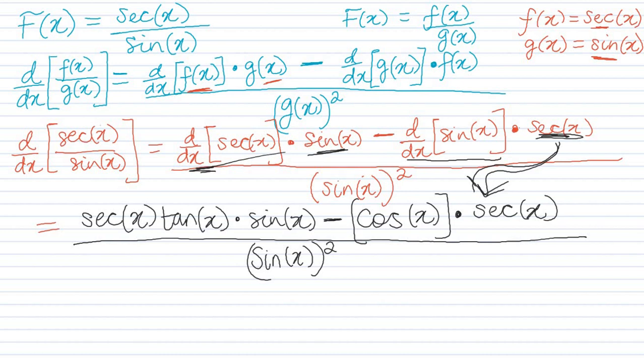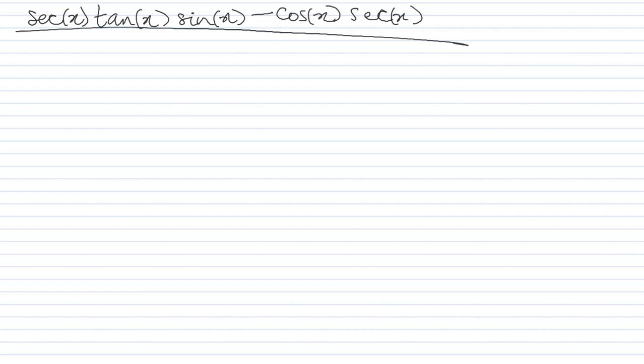Because we're dealing with trig and we have our trig notes, we can go ahead and simplify this question. So I'm going to rewrite this one on the next page, and then we're going to simplify. Okay, so we have secant x, tan x, sine x, minus cosine x, secant x, right? All of that information divided by sine squared x.